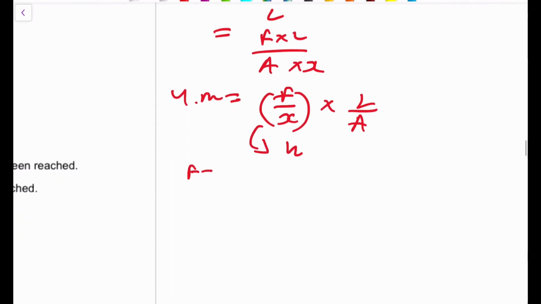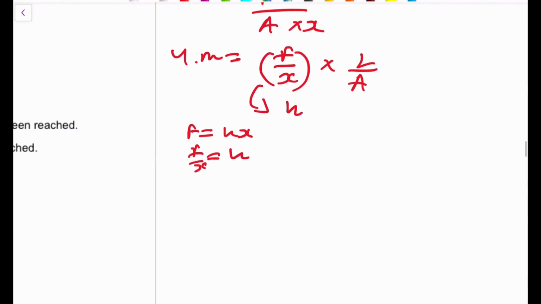But F over x is actually the value of K, remember from Hooke's law, F is equivalent to Kx. So the Young modulus is equivalent to K times the length divided by the area.